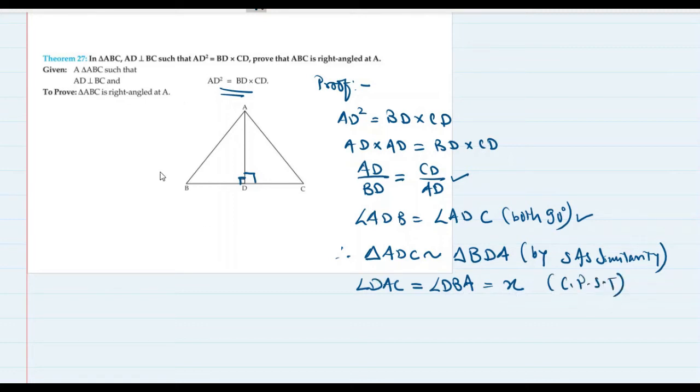CPST. Angle DAC, where is angle DAC? This one. This is X. And where is angle DBA? DBA is over here. This is also X. They both are equal. Why? Because CPST. The two triangles are similar, therefore their corresponding angles must be equal. One more thing.